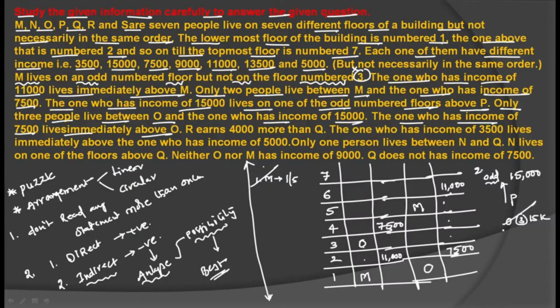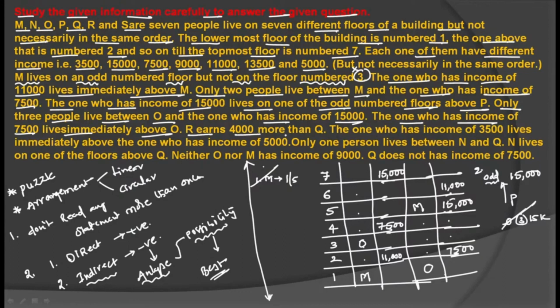Now you can confirm this information. 1, 2, 3. Now we can get the seventh floor as 15,000. It's an odd number floor. Again 1, 2, 3. Now you can confirm there are 3 persons between O and the one who earns 15,000, and the 15,000 person lives on an odd number floor. We are done with this point.